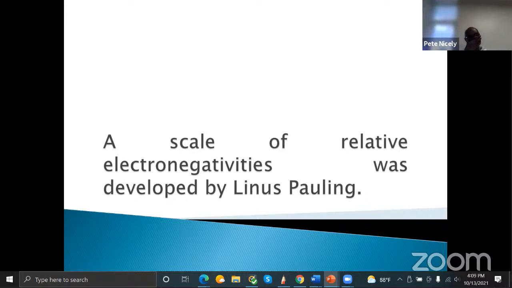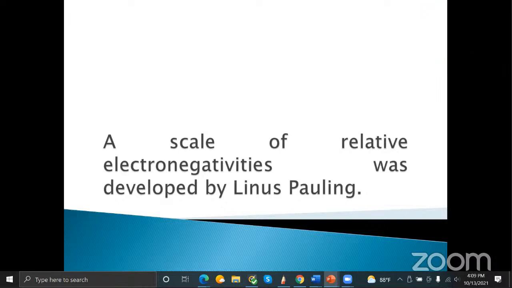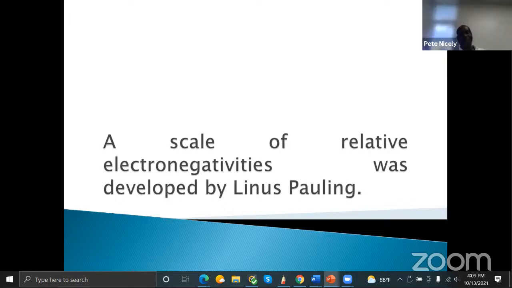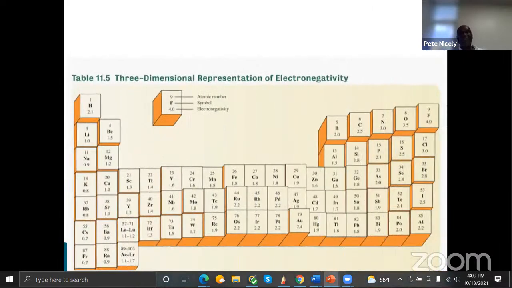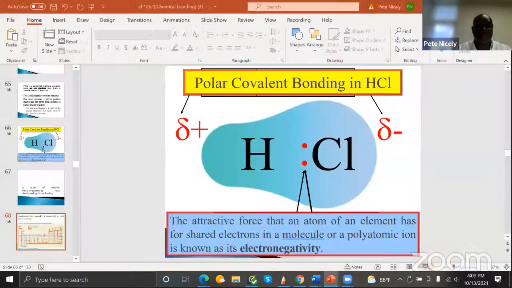So it's a 4-point scale where 4 represents the maximum possible electronegativity value, and it can go from 4 to, well, theoretically to 0, even though there are no atoms with 0 electronegativity. So this is a table which shows you the different elements and their electronegativity values. However, I would prefer that you use another table, which I'm going to show you.